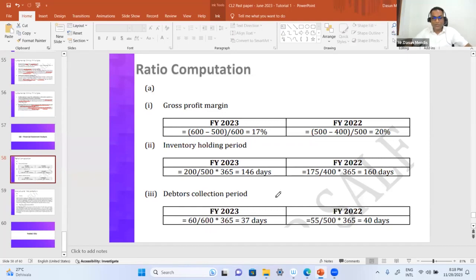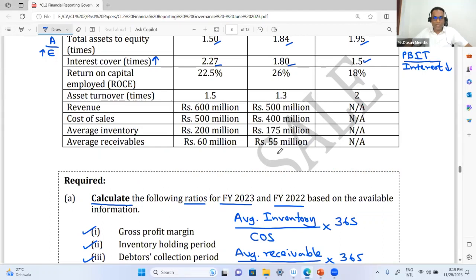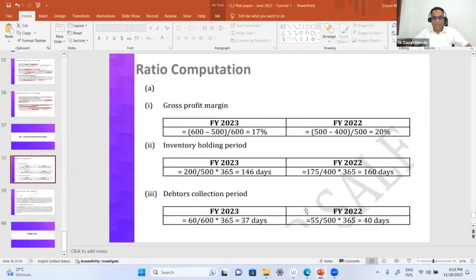Last year, that is 2022, average receivable 55, revenue 500, 55 divided by 500 multiplied by 365. How many days? 40 days. So yet again, receivable collection period, debtors collection period has also come down. That's again a good sign. You collect money early from your customers, right?